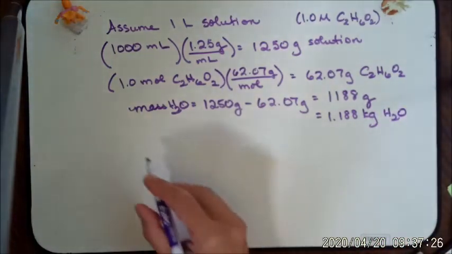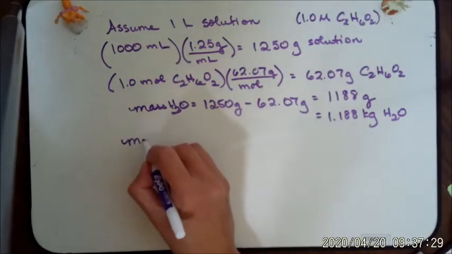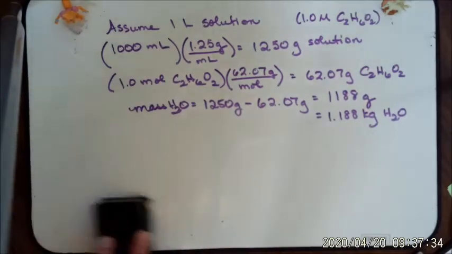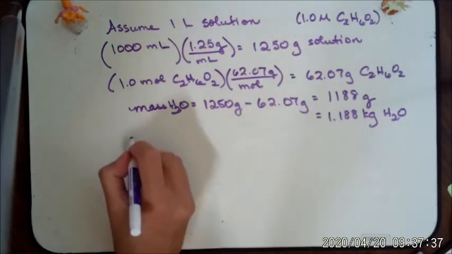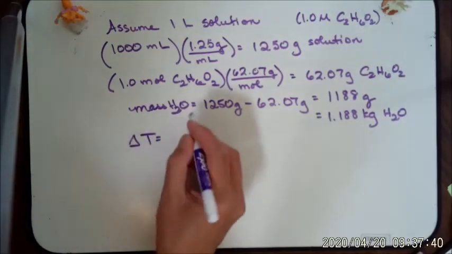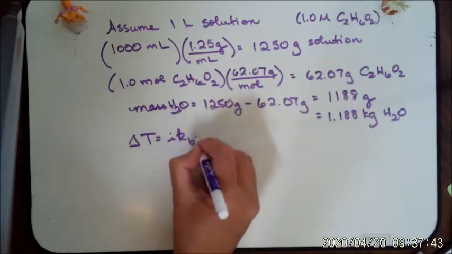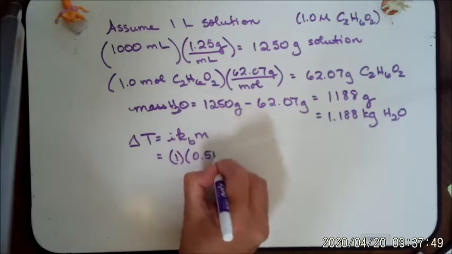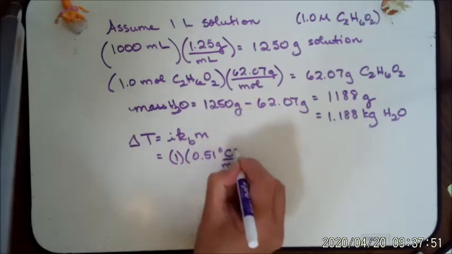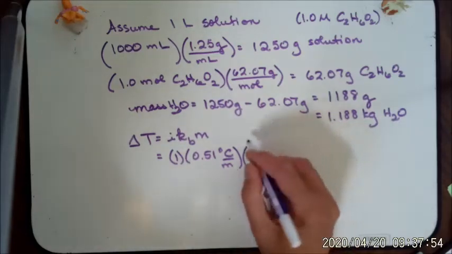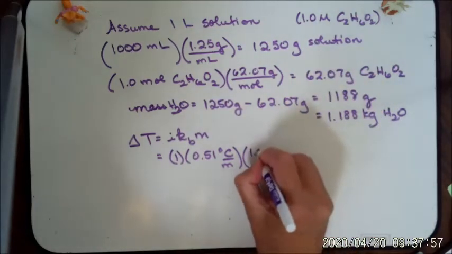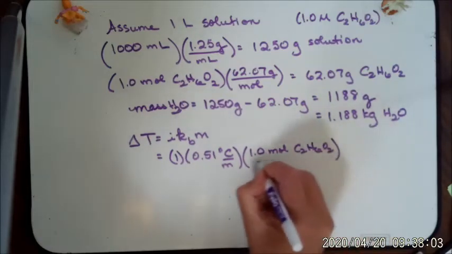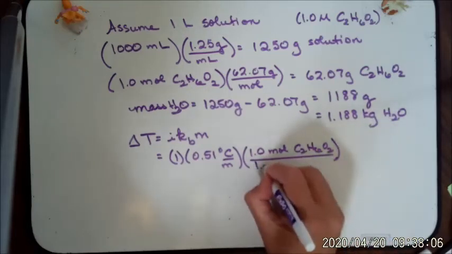Okay, so now my molality, we can just put the whole thing into my equations. Delta T is equal to i Kb m. i is 1, Kb was 0.51 degrees Celsius per molal, and m is moles of solute, 1.0 moles of C2H6O2, my ethylene glycol, divided by kilograms of solvent.